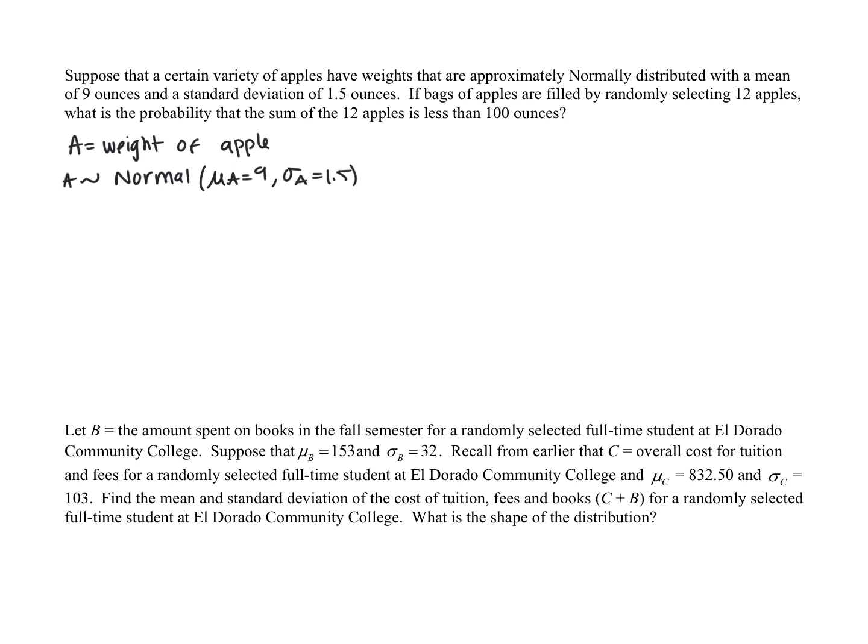We are looking for the probability that the sum of the 12 apples is less than 100. So I'm going to say S is the sum of the 12 apples. And we are looking for the probability that that sum is less than 100. So this is everything that we've been given and that we are looking for.